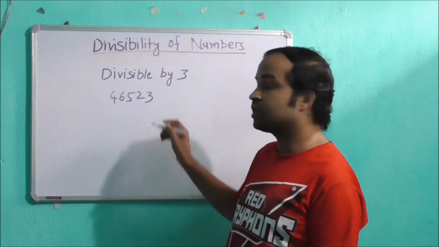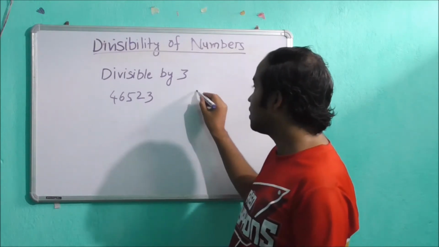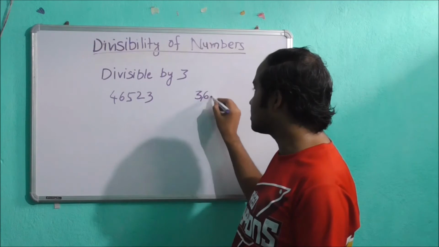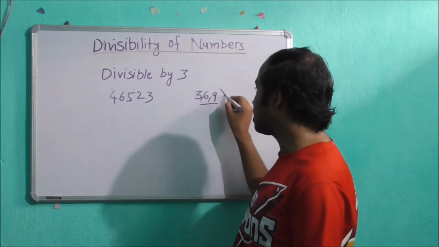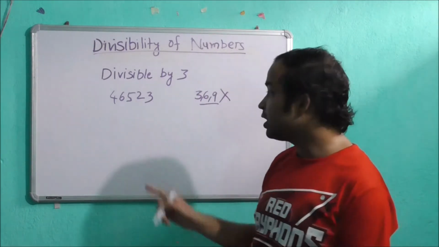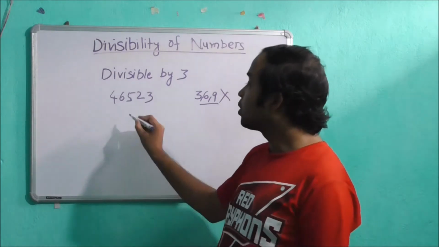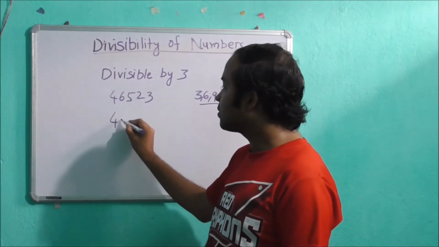We cannot check whether this number is a multiple of 3, 6, 9 using the units place. We cannot do that. So what we need to do in this case is check the sum.